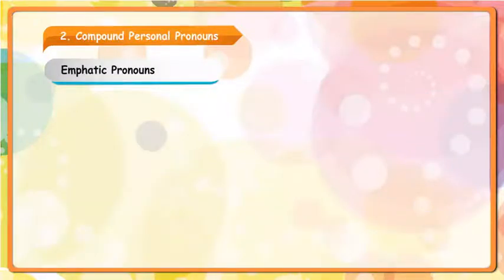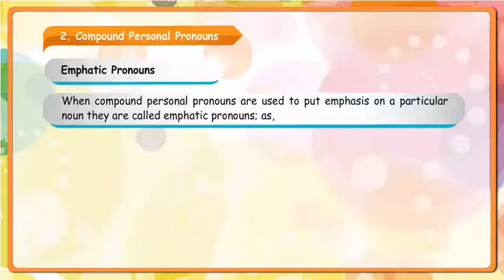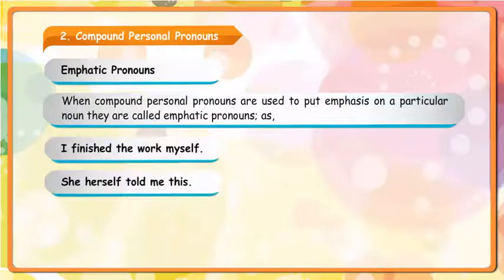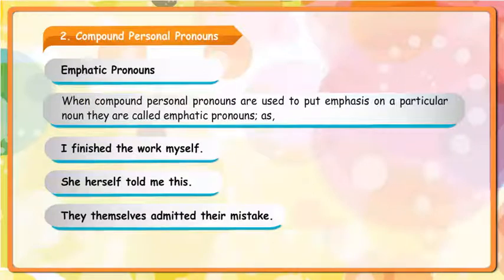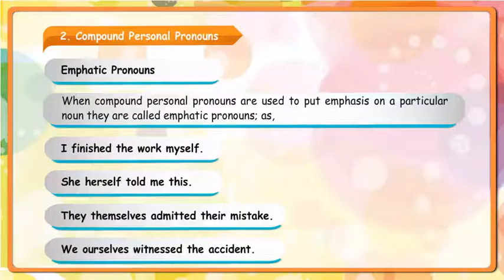Emphatic pronouns. When compound personal pronouns are used to put emphasis on a particular noun, they are called emphatic pronouns, as in: I finished the work myself. She herself told me this. They themselves admitted their mistake. We ourselves witnessed the accident.